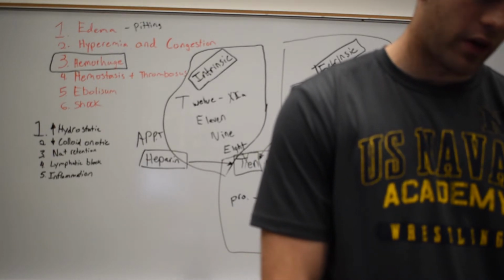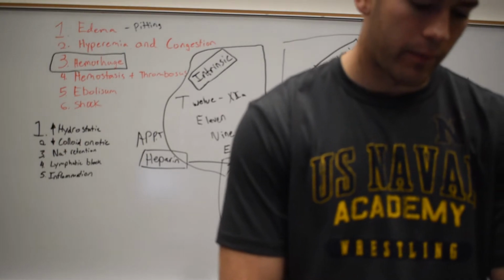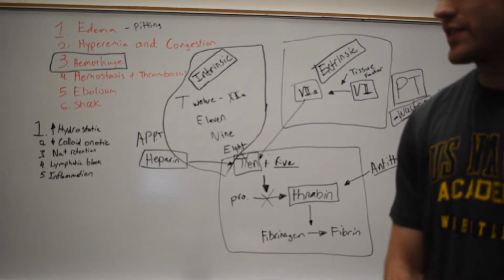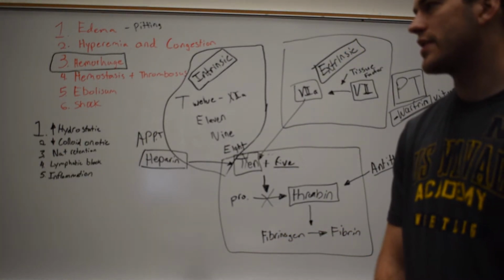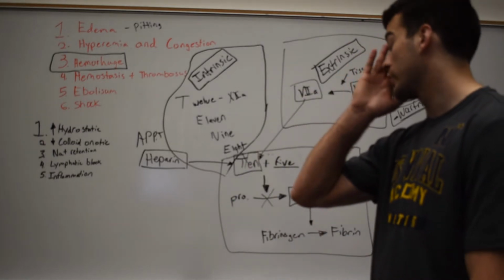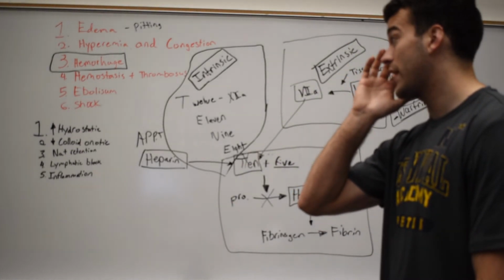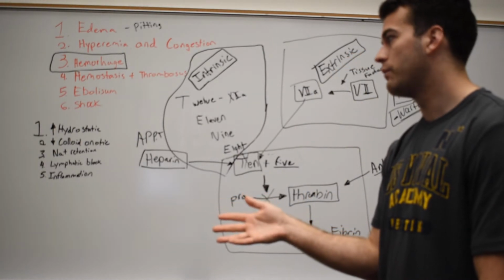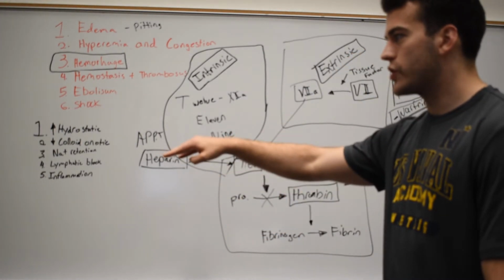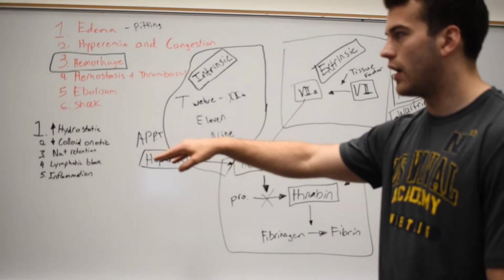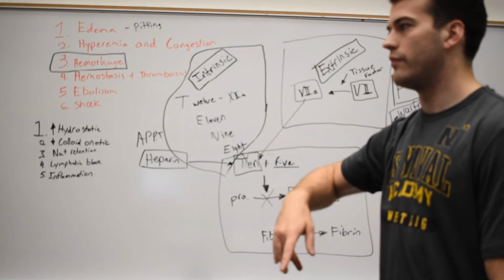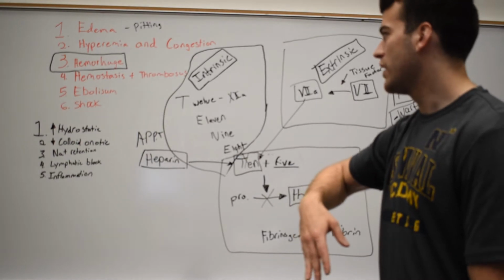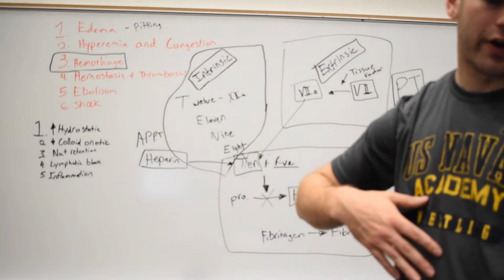Paradoxical embolisms are embolisms that come from the venous circulation and travel through a shunt or an atrioventricular defect, like we're learning about in anatomy right now. They can get to the arterial systemic blood flow and become lodged somewhere they shouldn't be.